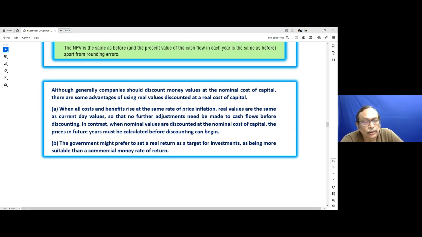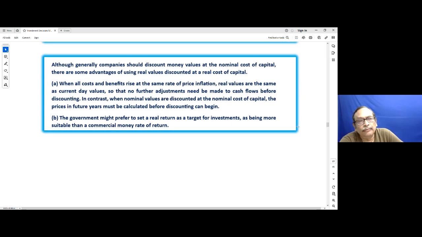Now, although generally companies should discount money values at the nominal cost of capital, there are some advantages of using real values discounted at a real cost of capital. When all costs and benefits rise at the same rate of price inflation, real values are the same as current day values, so that no further adjustments need to be made to cash flows before discounting.